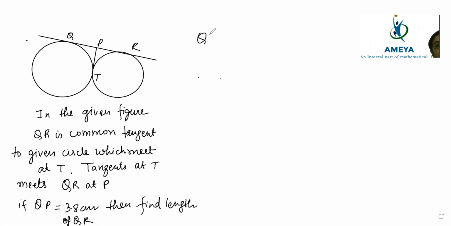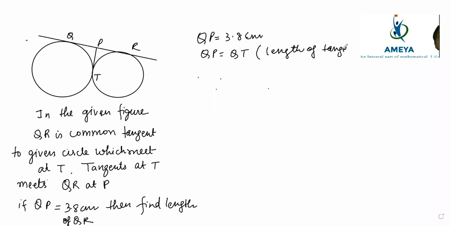So already QP given is 3.8 centimeter. They are asking length QR. QP given is 3.8 centimeter. Also QP is equal to QT, from external points are equal.